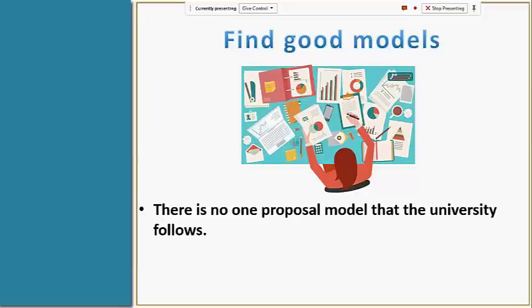If they do require it to be 90 or 100 pages long, usually it's essentially the first 3 chapters of your dissertation, like the introduction, the literature review, and the methodology. So then after that, all you need to do is collect your data and analyze it, and then you're done.